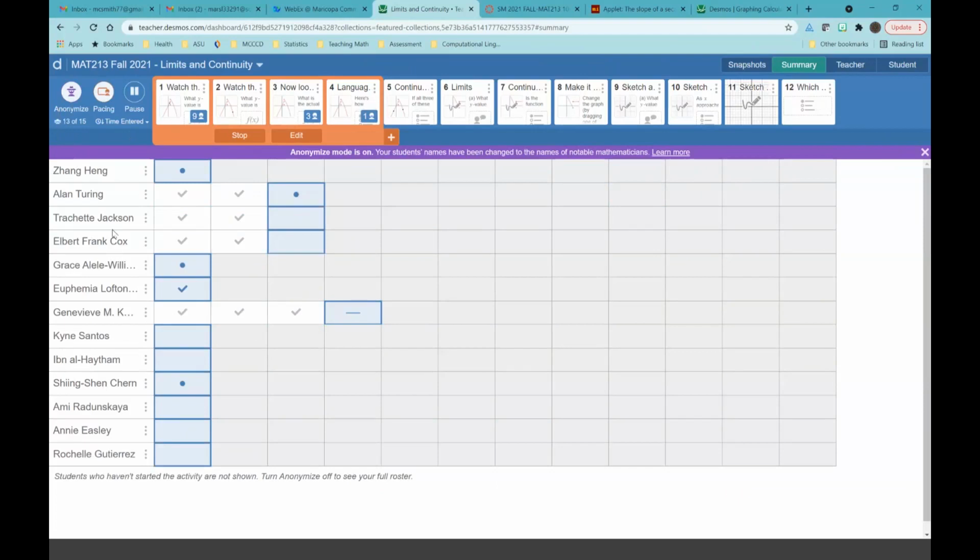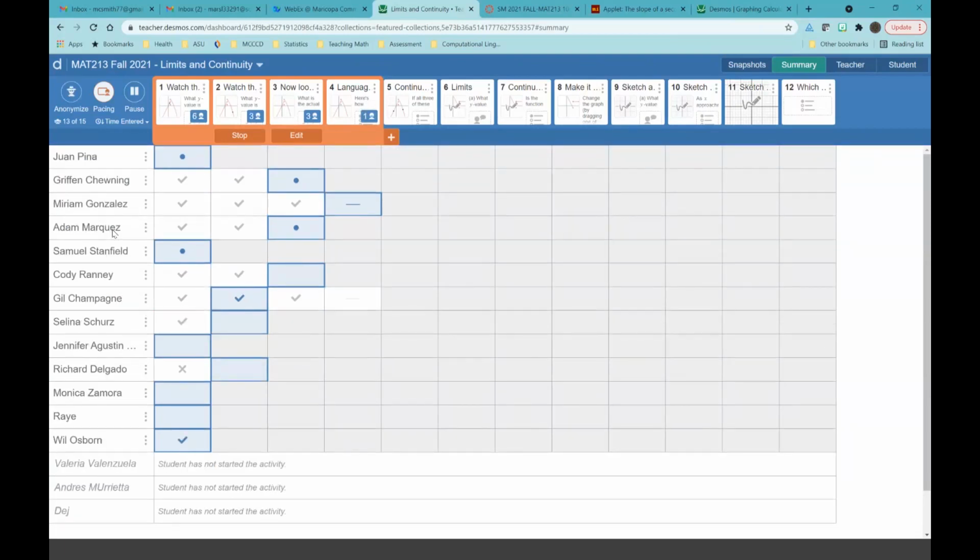And I'll be looking at what you're doing on another computer.